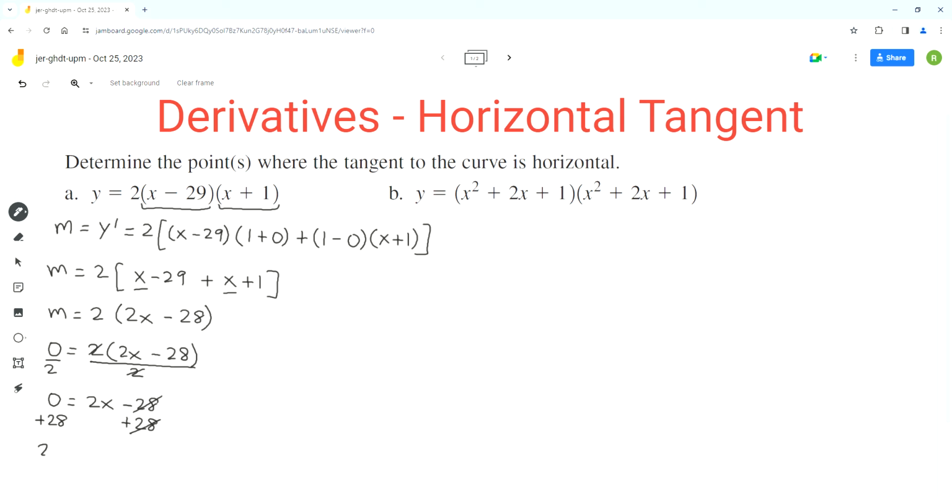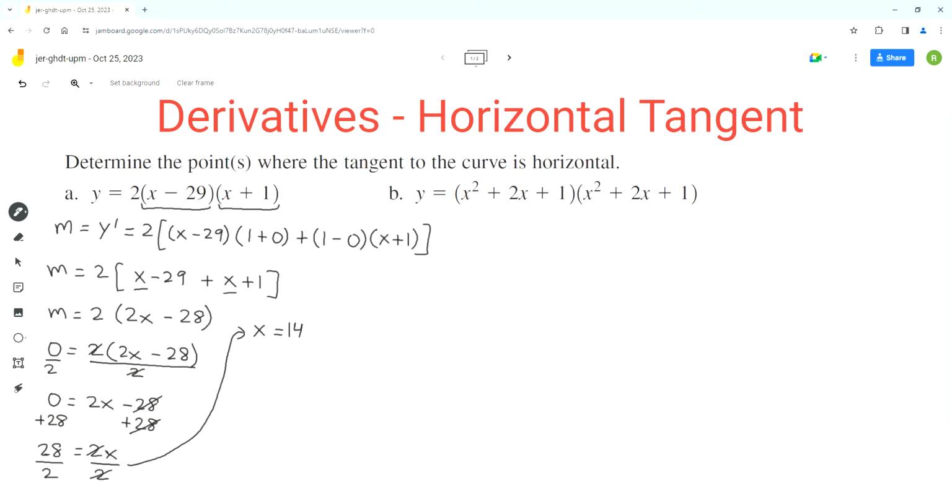We'll get 28 equals 2x. Now we can isolate x by dividing both sides by 2. The 2's on the right side will cancel each other out, and we get x equals 14. So that means there is only one point on the curve where the tangent is horizontal.